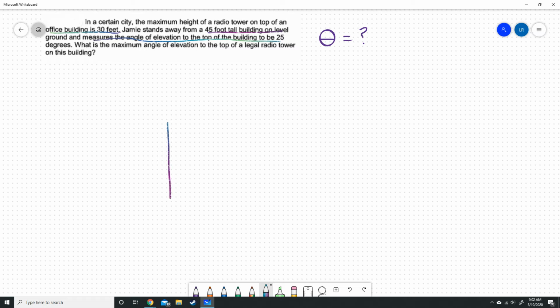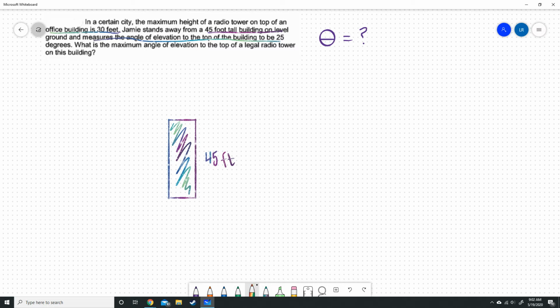I'm going to start by drawing the office building. So there's our office building, and the office building is 45 feet. On top of the office building is a radio tower, and the radio tower is 30 feet.